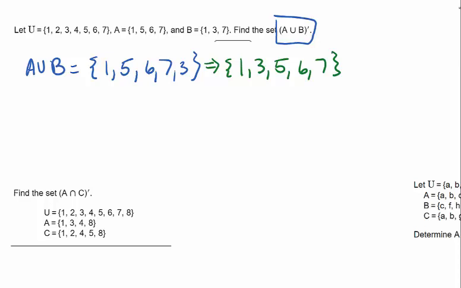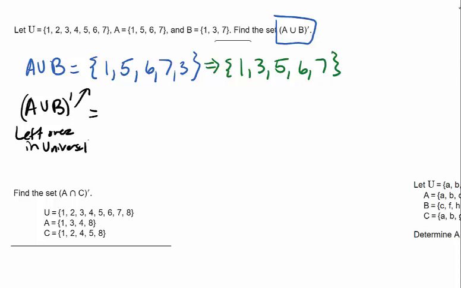Our last step for this problem is to take the complement of the answer we got from above. Remember, what does that mean? It means everything that's left over in the universal set that is not in my set.